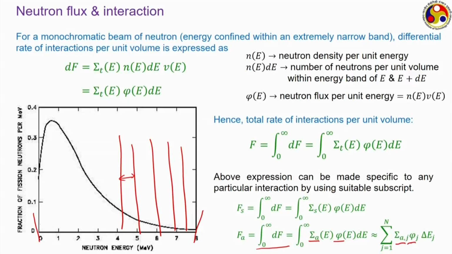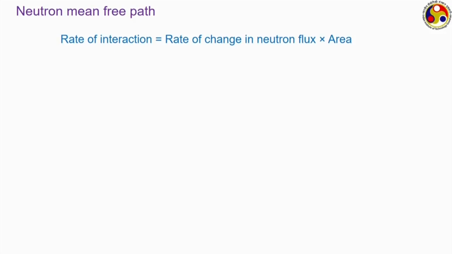So, once we know the rate of interaction, we need to define something called the mean free path. Whenever there is an interaction, of course, a neutron goes out of the beam, and therefore there will be a change in the neutron flux as well. We can equate these two factors to get a balance, that is, the rate of interaction should be equal to the rate of change in the neutron flux multiplied by the cross section area.